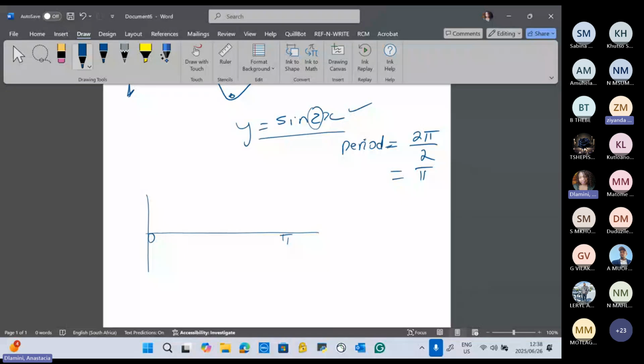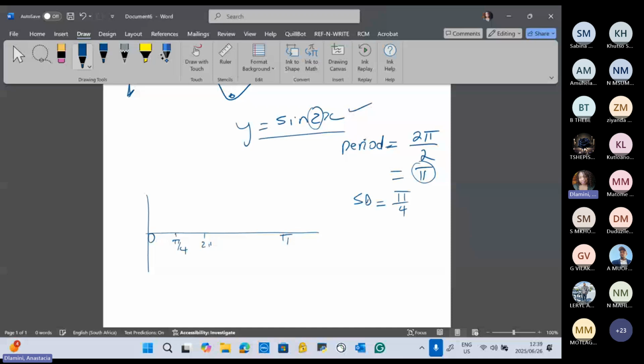Yes, ma'am. So meaning that now the SD, we call it the step for division, will be the period. What is the new period? It's pi, isn't it? So it's pi divided by 4. So meaning the new steps we're going to move on is pi over 4. So I start from 0. I add pi over 4, I get pi over 4. At pi over 4, I add another pi over 4, I get 2 pi over 4.